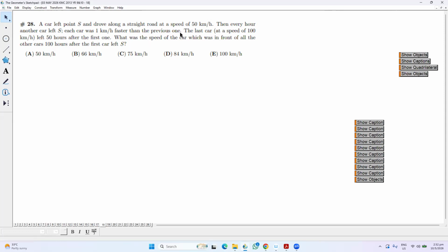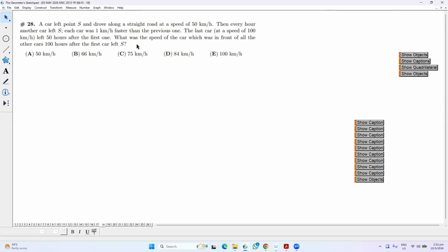The last car, with speed 100, left 50 hours after the first car. What was the speed of the car which was in front of all the other cars after the first car left? So quite confusing.